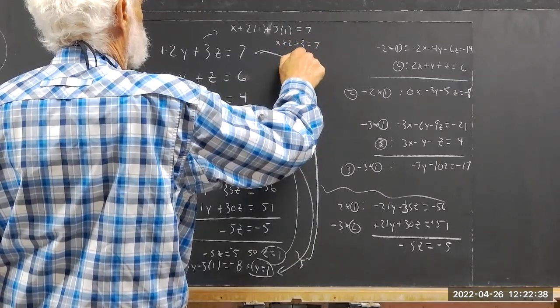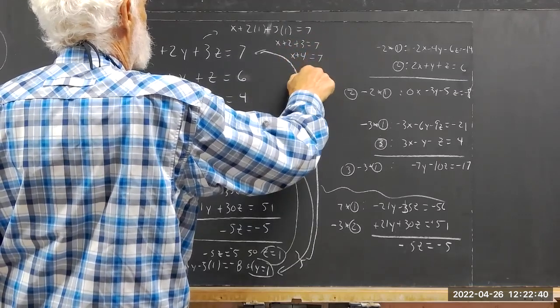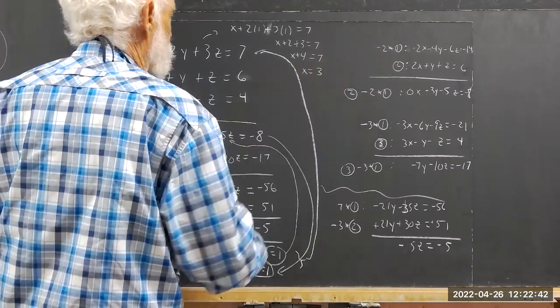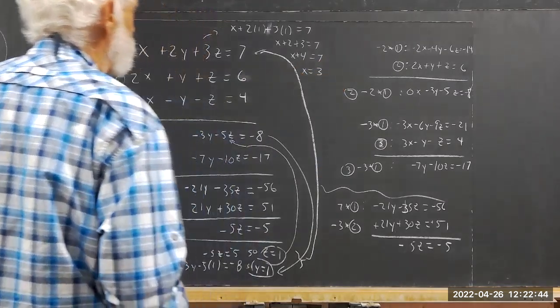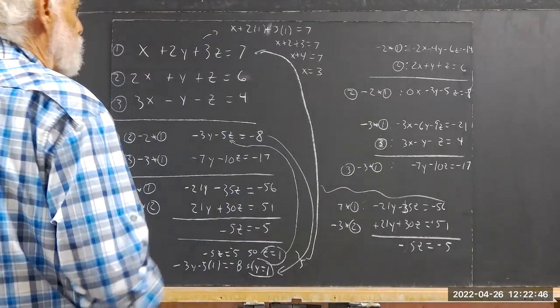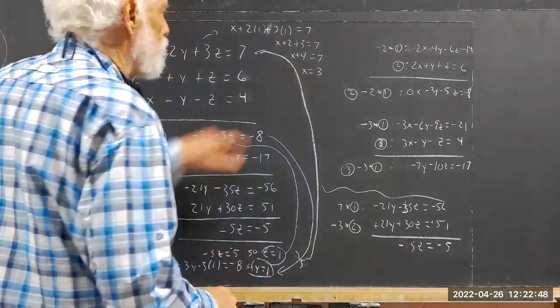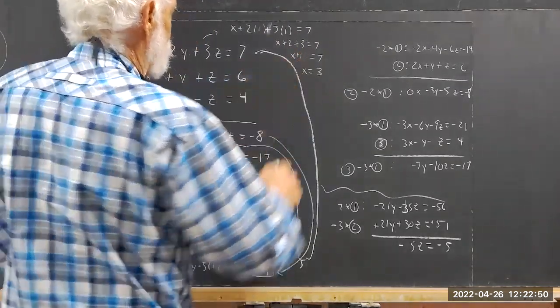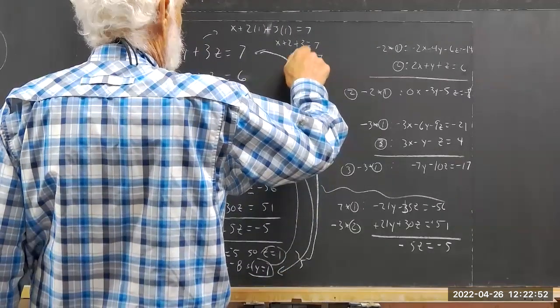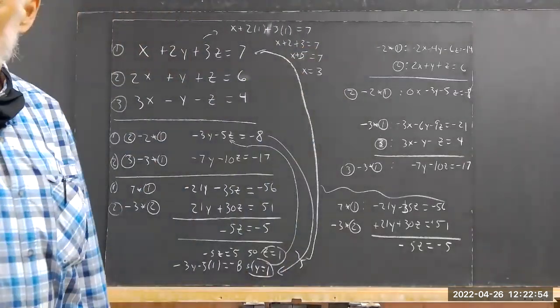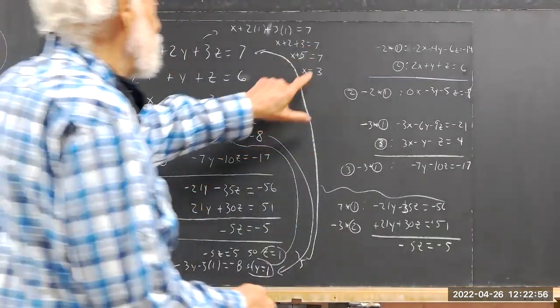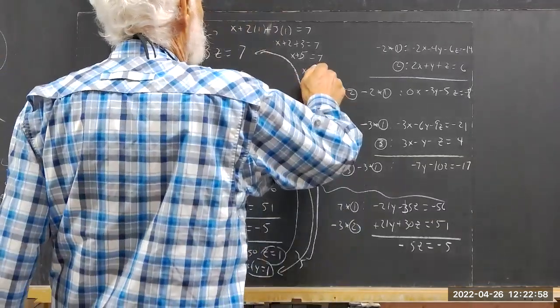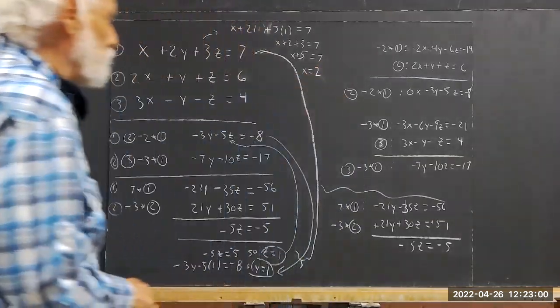X plus 4 equals 7. And don't skip the step. Uh-oh. 2 and 3 is 5, not 4. I just did that so people that made mistakes wouldn't feel bad. Okay. We got x equals 2.